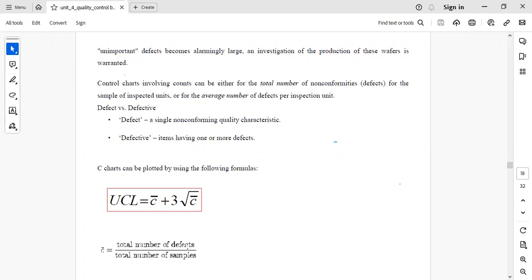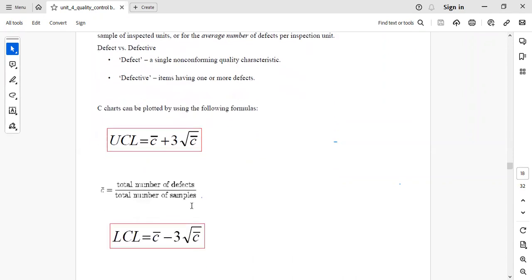If it is the upper control limit, then you need to add 3, so you have already seen where the 3 is coming from, times the square root of, again, the C bar.